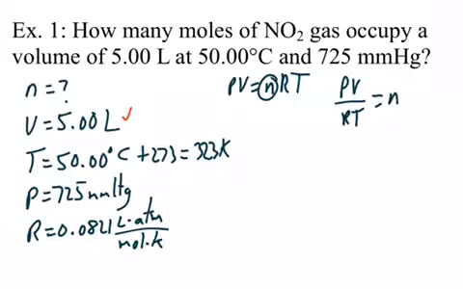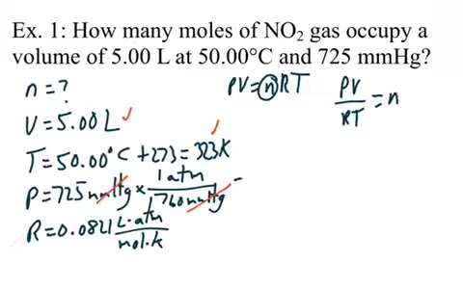The other one that we have a problem with, this one's good now, is we have to change this to ATMs. 1 ATM is 760 millimeters of mercury. That we're going to cancel out here, and we're going to get a new pressure, and that's going to be 0.954 ATMs. So now we're ready to do the math here.